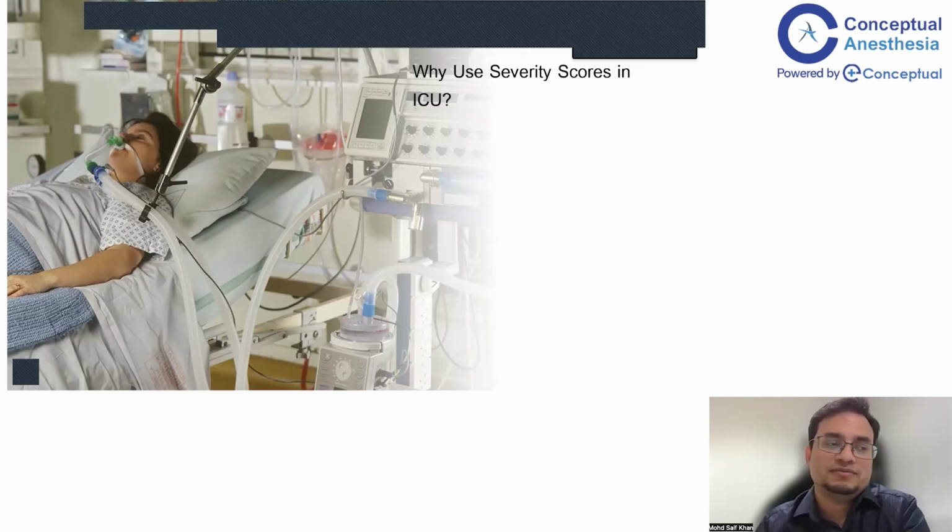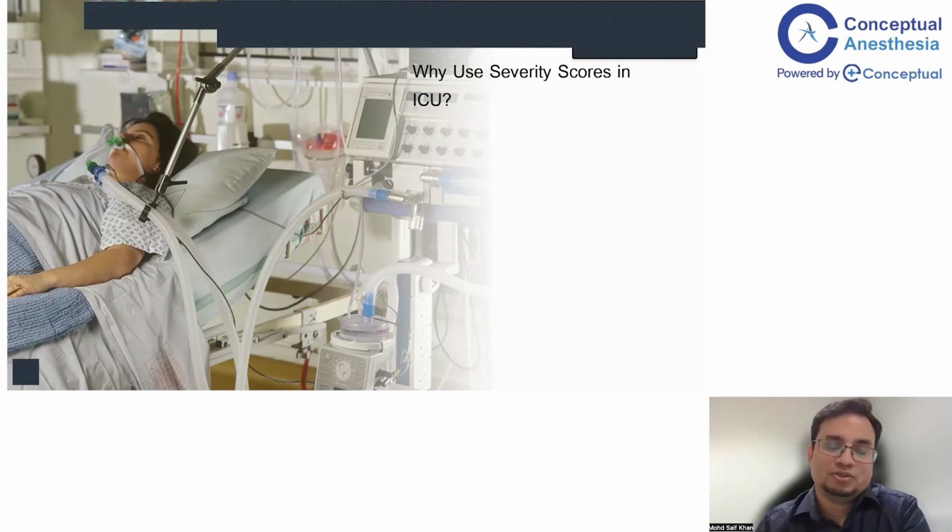This is why we have to have a value, and this value has to be obtained from calculation of a severity score. So this is why we should have a severity score, at least to tell you how sick the patient is and what the chances are of this patient surviving to ICU discharge.